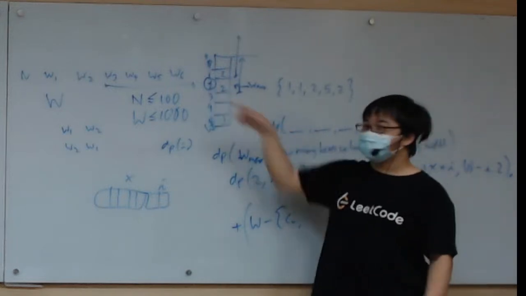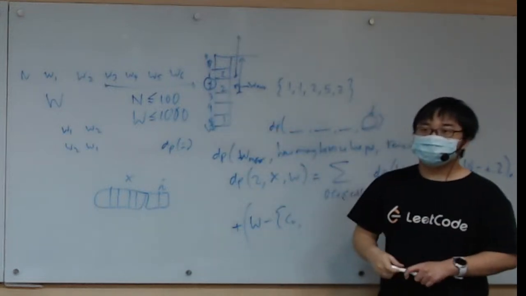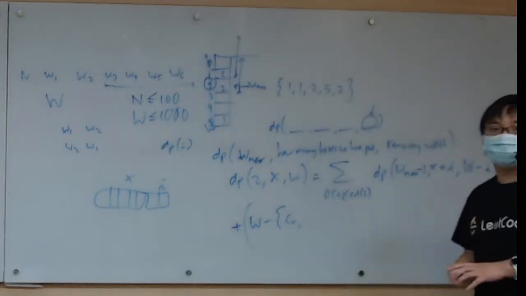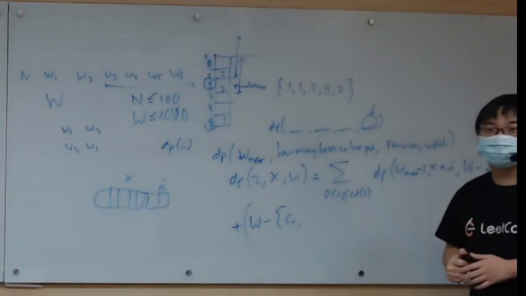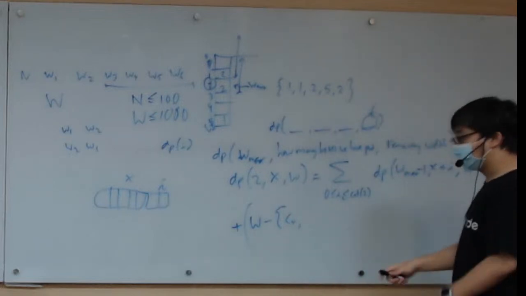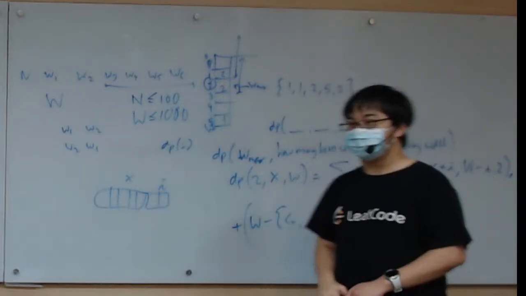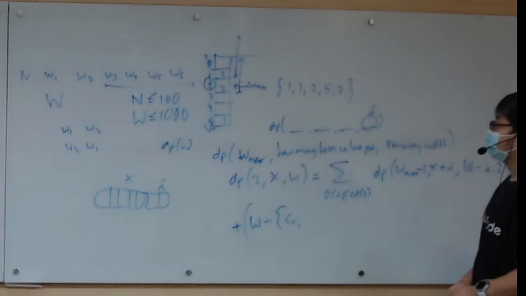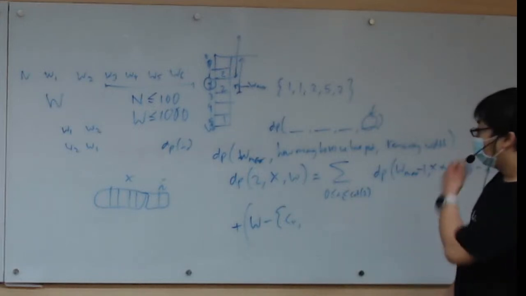Because otherwise this weight can still fit in, right? So that's how you do it. Is it clear enough? The DP becomes slightly complicated, but you can solve it using that solution.